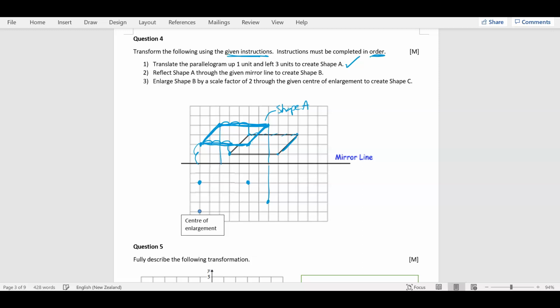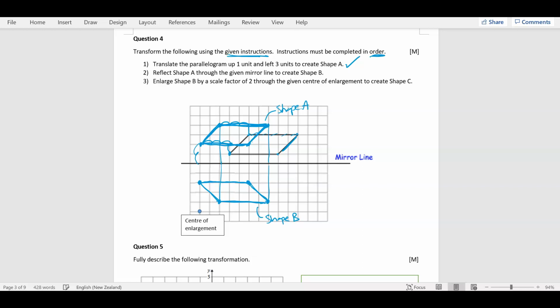And same here, that's 4 away, so we're going to go 4 here. So let's go across here, down here, and across there. We're going to connect that. That there is going to be shape B, the reflected parallelogram.